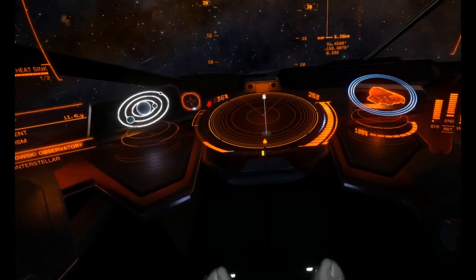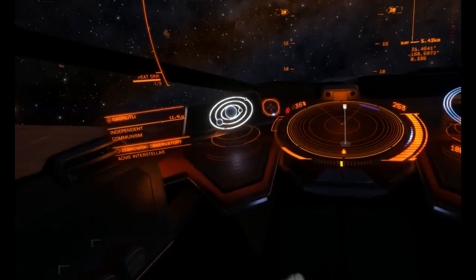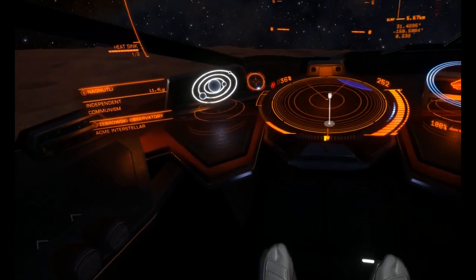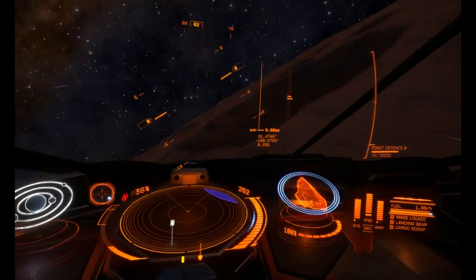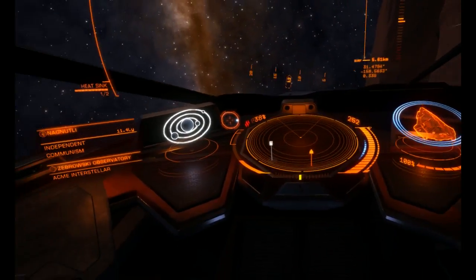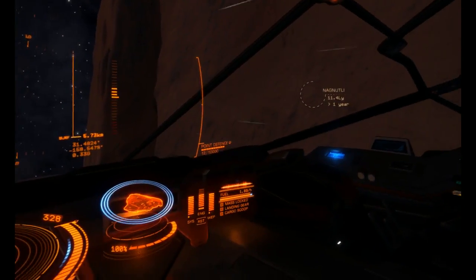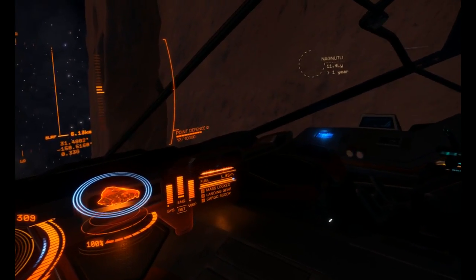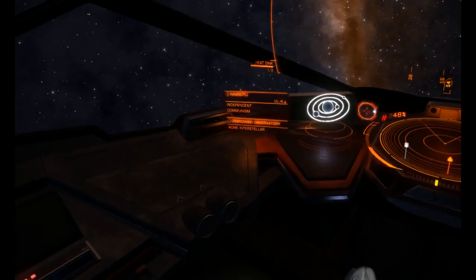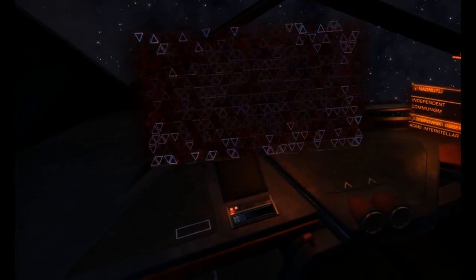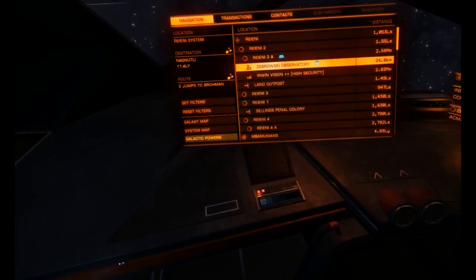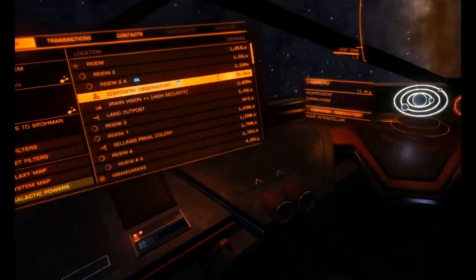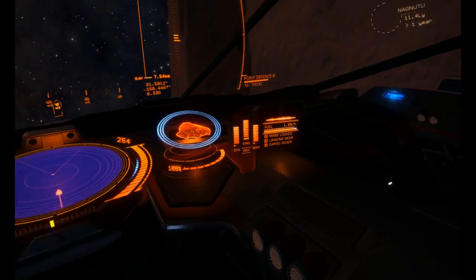Two jumps. Oh, we have to go through Ignatly to get to Broman.